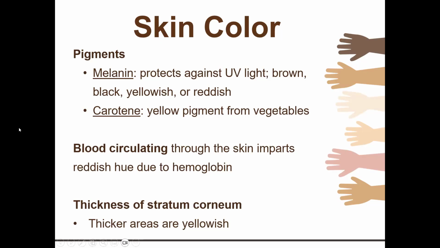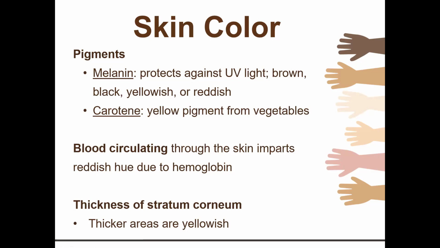If you don't have good blood flow, say someone's anemic or they have blood flow issues, typically that area of the body or all of their skin is going to look very pale, and that's because they're not getting as much of a reddish tint from our hemoglobin.